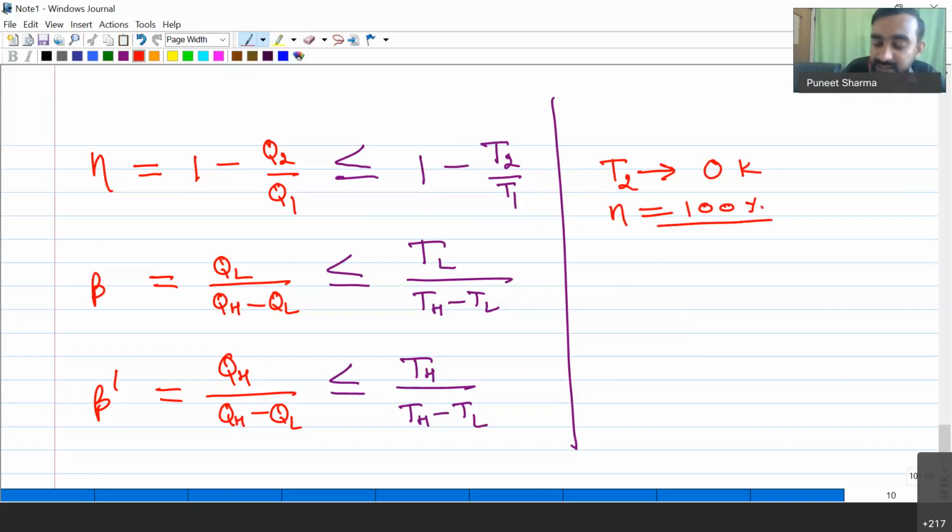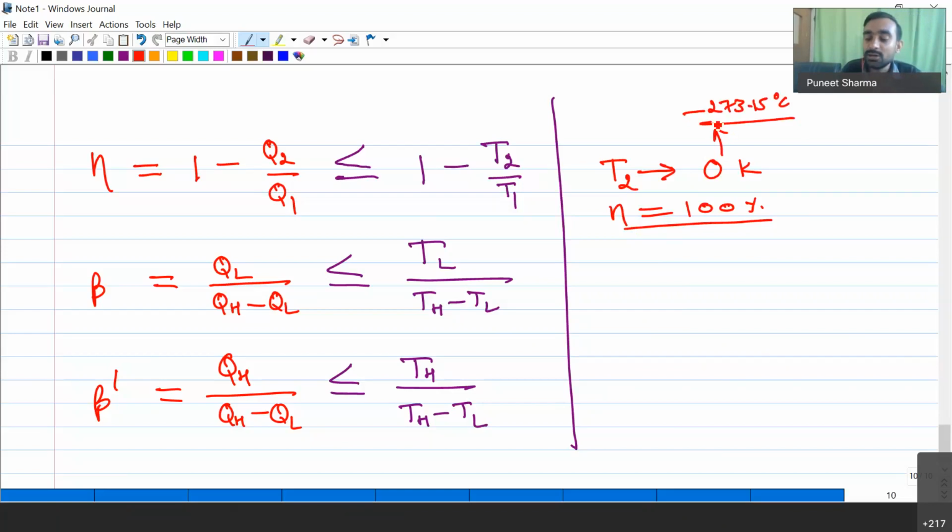That is one very, very important point. Absolute zero means the temperature becomes 0 Kelvin, at which heat is rejected from the heat engine, and only then will our efficiency become 100%. 0 Kelvin is nothing but minus 273.15 degrees Celsius.